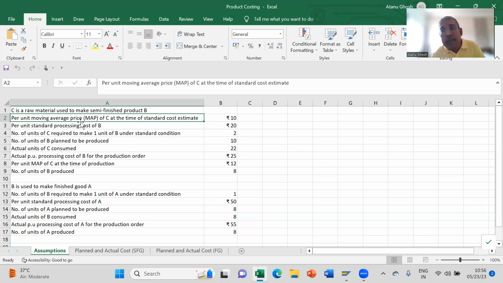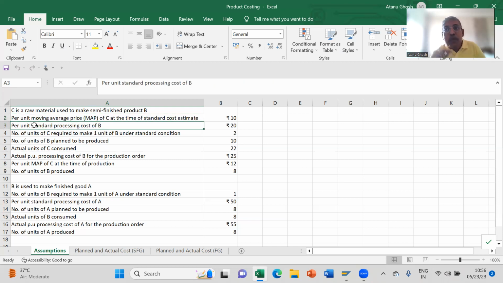And if you know that there will be some escalation of the price of C happening throughout the year, you can estimate that and add it to the moving average price that was there for C at the time of standard cost estimate. In this particular example, we have not taken that. We have taken the moving average price of C at the time of estimation of the standard cost of B, and we are taking that price for the calculation of the standard cost estimate of B.